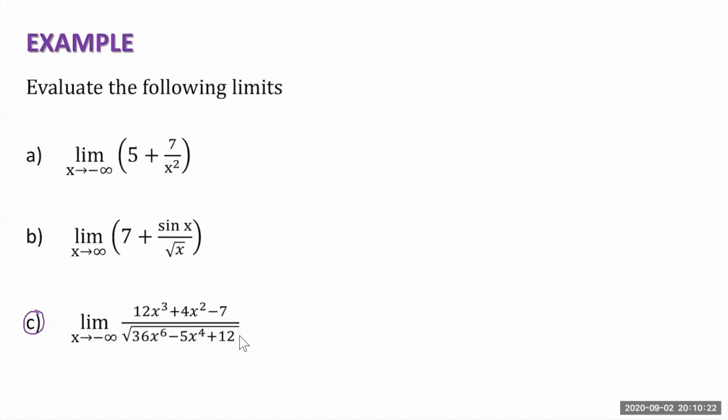Okay, before we begin, we need to note one thing. This is the key concept that we'll be using here. The square root of x squared. If you try to recall the definition, the square root of x squared is equal to the absolute value of x.